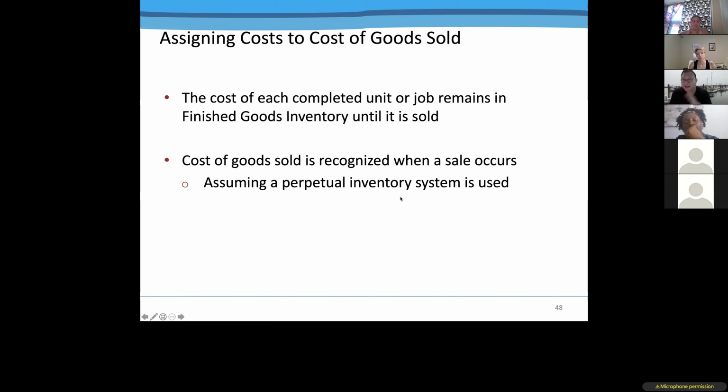If you remember back in 2100, we have two types of inventory systems. Does anyone remember? Perpetual versus anyone? Tammy? No, first in, first out are the cost models. I'm asking about the different inventory systems.